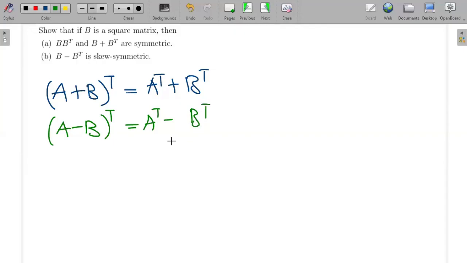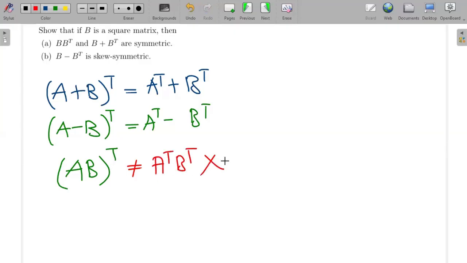Okay, so the other one, which is very important because they like bringing questions around it, is the transpose of a product of two matrices like this. So if you have two matrices like A and B, and then you are taking their transpose, the answer will never be A transpose, B transpose.